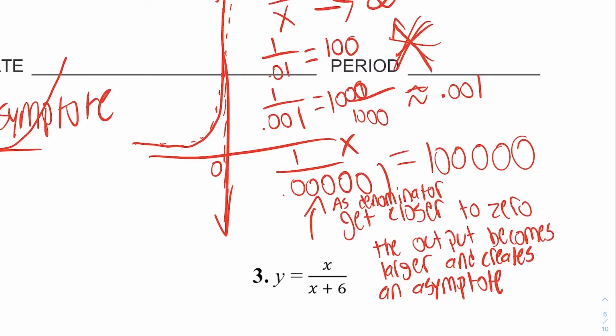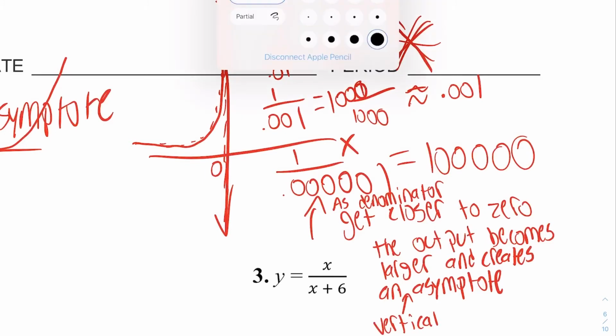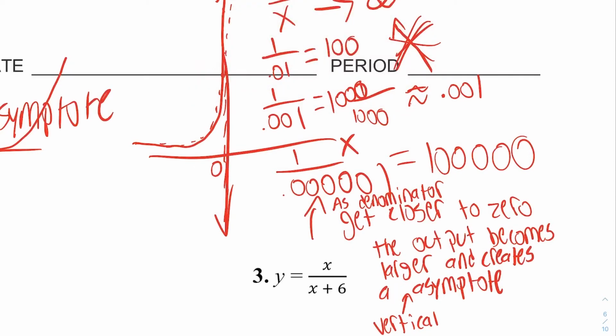Well, more specifically, creates a vertical asymptote. So whenever you're plugging in things into these rational functions, whenever the denominator gets close to 0, the output's going to become large, and it's going to make an asymptote, a vertical asymptote.